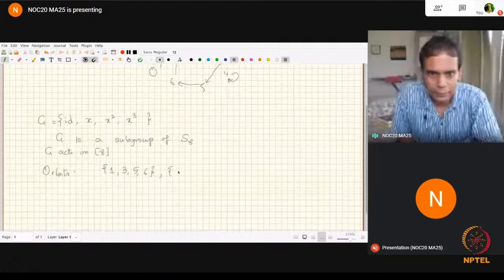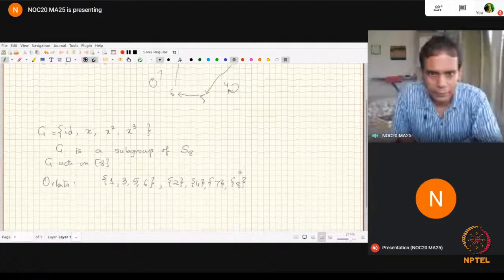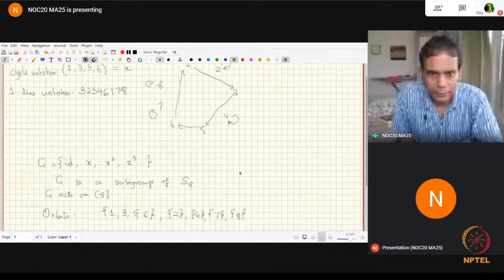So there's one more orbit which is {2}, another orbit which is {4}, another orbit which is {7}, and another orbit which is {8}. So this is how you can compute the orbits of the subgroup generated by this 4-cycle on 1 to 8. I hope that answers your question.